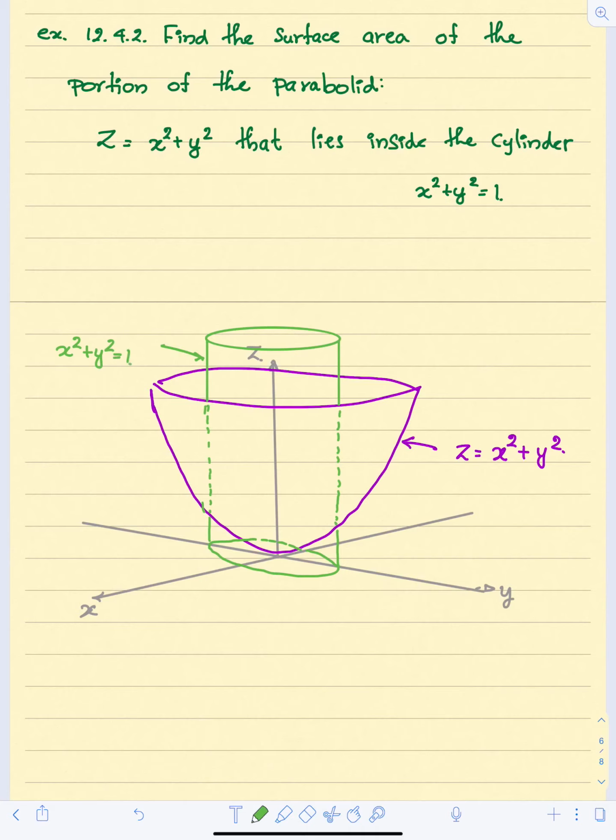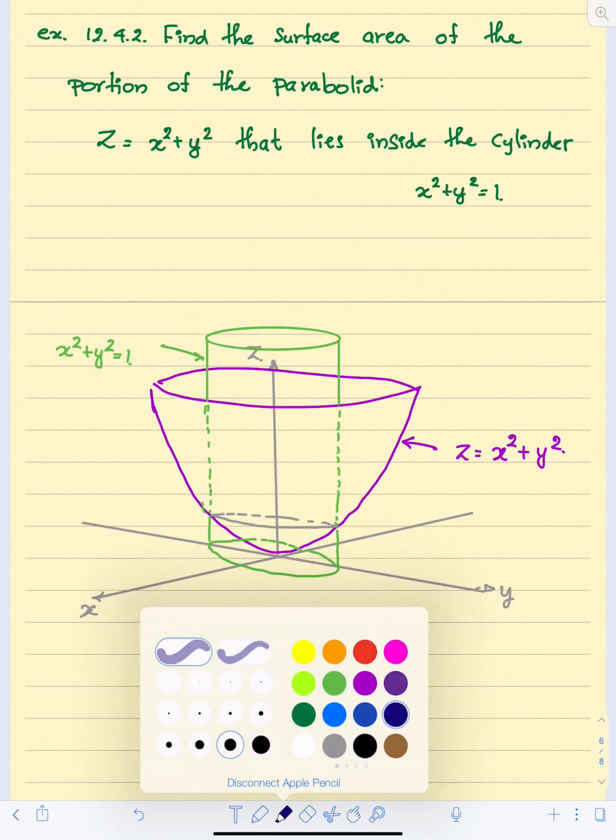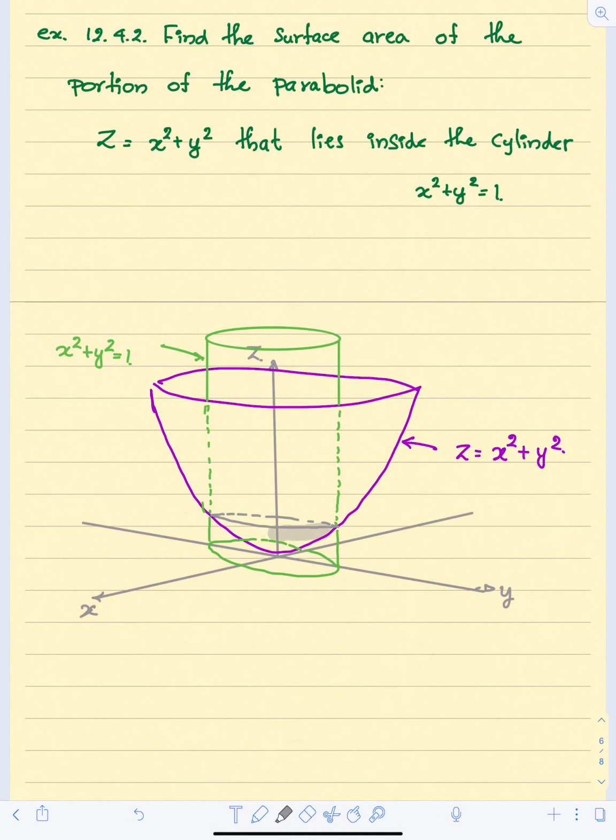Okay, now in this example we are going to calculate the surface area of this portion.